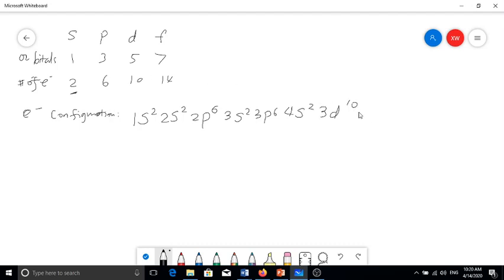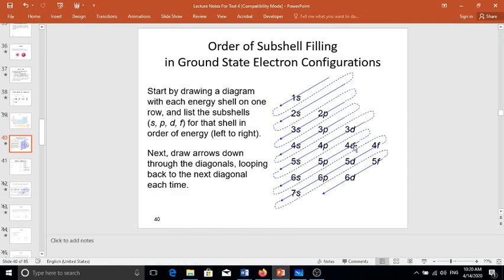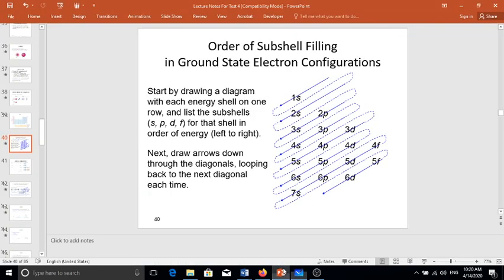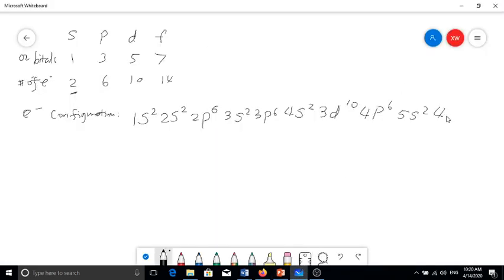After 3d, it goes to 4p6, 5s2. And if you want, this goes on and on. After 4p, 5s, it goes back to 4d. It doesn't matter if it's 3d or 4d, they all have the same capacity, 4d10. And then this goes on.